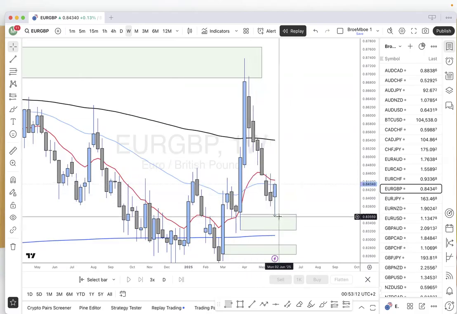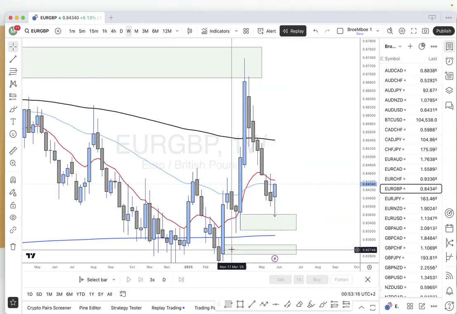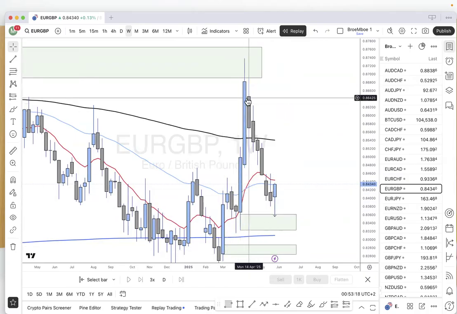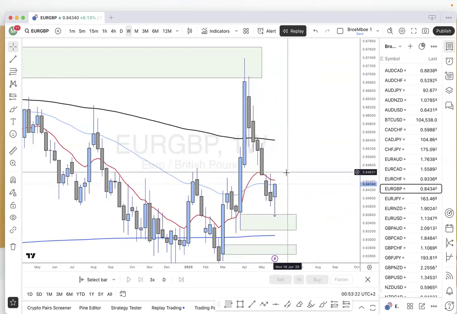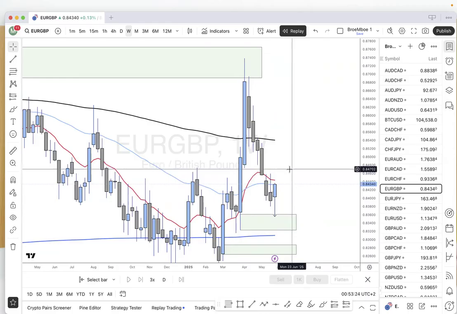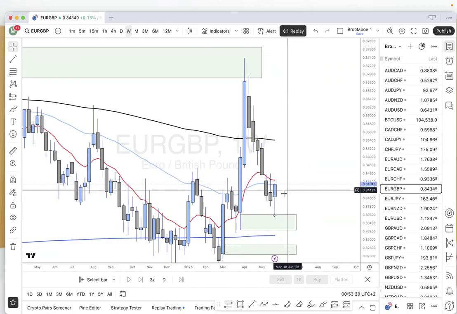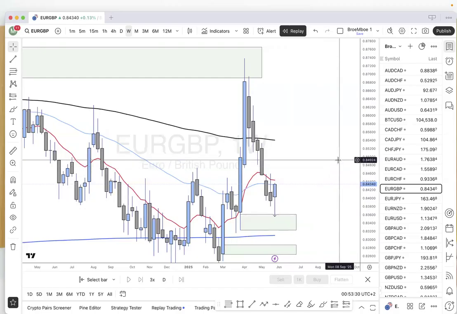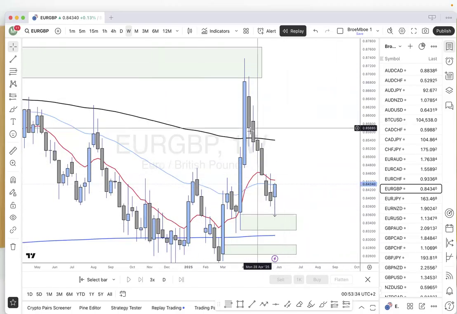Now I'm expecting that the momentum going up is going to be aggressive again. Every time we're pushing up, the momentum is aggressive. So if you want to buy this one, maybe you can buy it and put a tight stop loss because it does consolidate. But this is a very good trade.